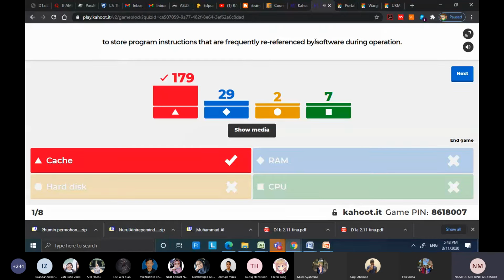Okay, what happened here? Who chose this one? Does anyone want to admit it? The answer is definitely cache, because the keyword here is frequently re-referenced. Any questions about this one?